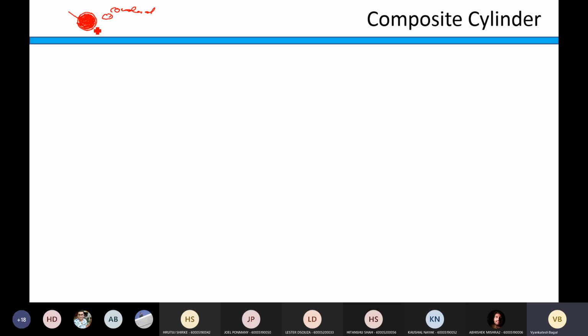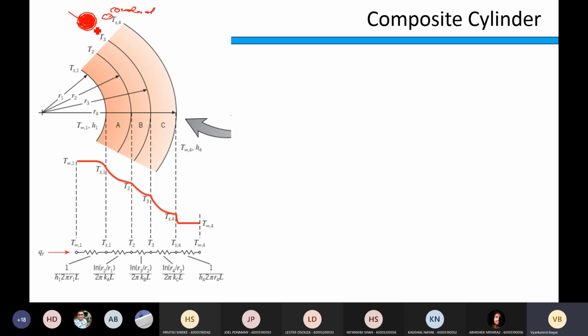Okay. Now composite cylinder. Look at the geometry. Now I have shown only the radius and nothing else. This time we have the fluid on the inside having temperature T infinity 1 and heat transfer coefficient H1, and on the outside we have the fluid having temperature T infinity 4 and heat transfer coefficient H2.